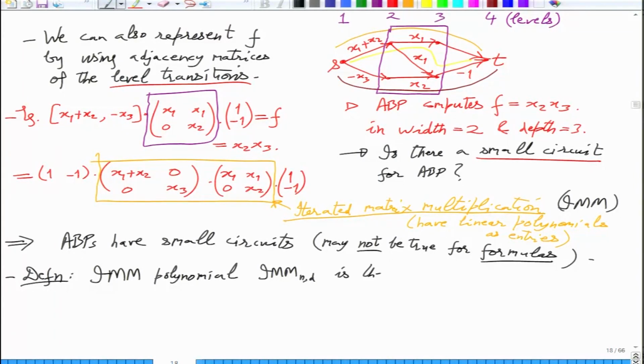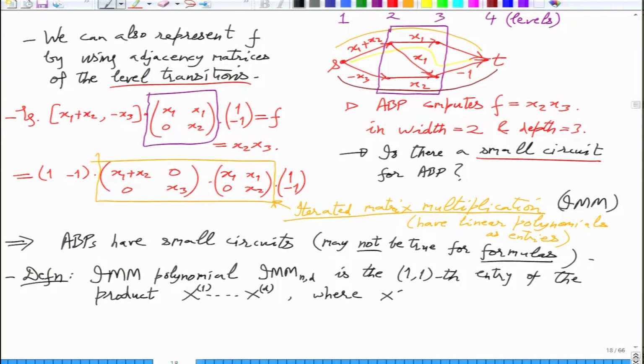So let us just look at one entry of the matrix product, that is the top left corner entry, the 1 comma 1 entry of the product of d matrices, where these are symbolic matrices, n cross n, let us say, symbolic matrices.